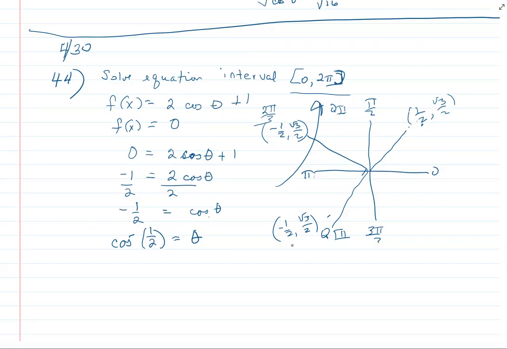And this guy is 5 pi thirds. So these two are the angle measurements that give us cosine as a negative 1/2. Is everybody good?